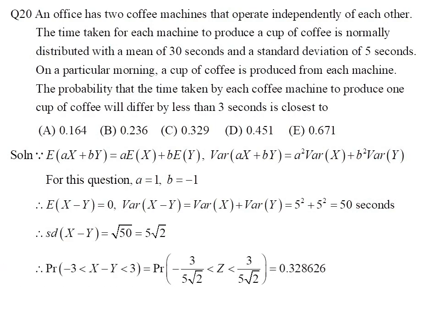Therefore, the probability to produce one cup of coffee differ by less than 3 seconds equals Pr of z between -3 over 5 square root 2 and 3 over 5 square root 2, which equals 0.328626. So the answer for question 20 is C.